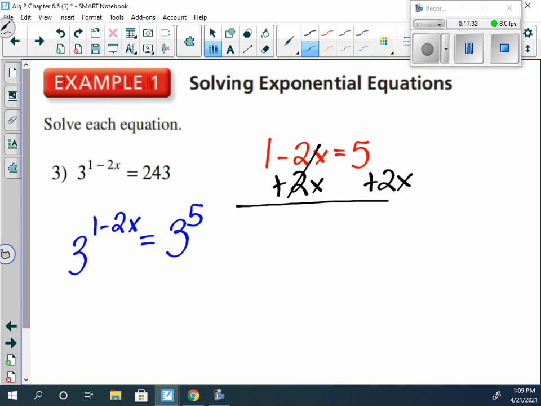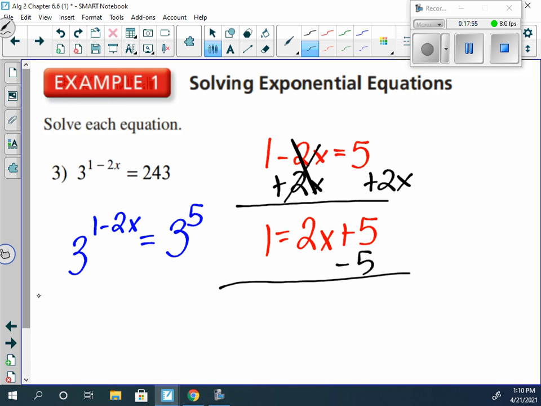If we add 2x to both sides, these will cancel. And it'll give me 1 is equal to, I'll move the 2x in front, 2x plus 5. Now what do we need to do next? So we want to get 2x by itself. So we can subtract 5 from both sides, because 5 minus 5 will be 0.